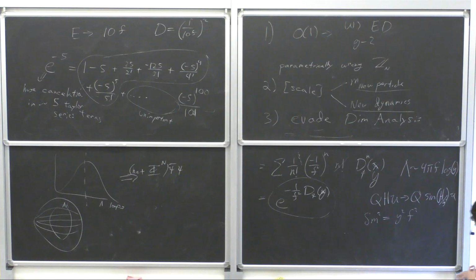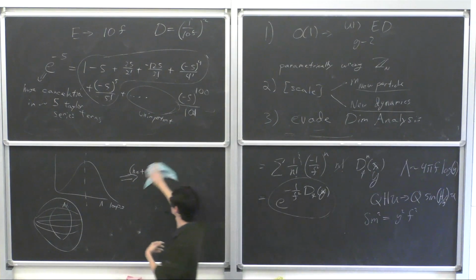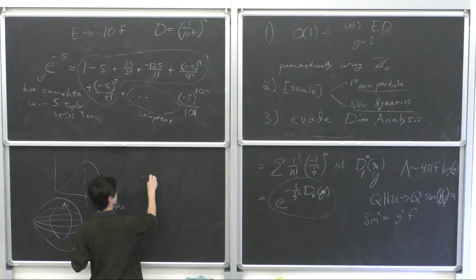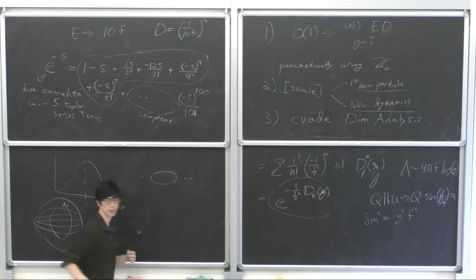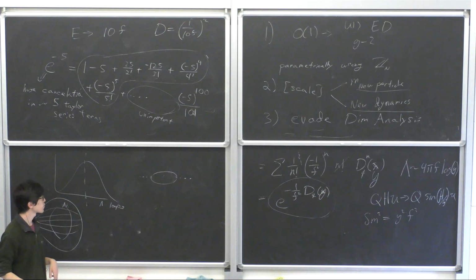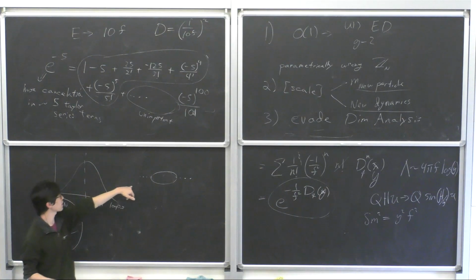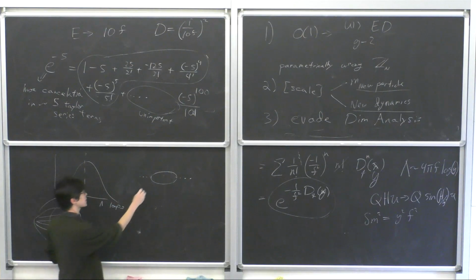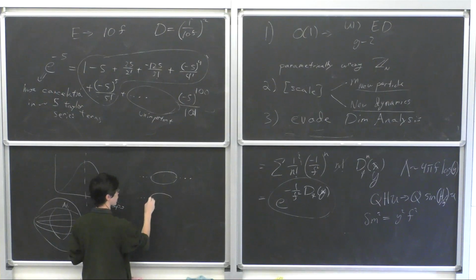And so what happened was we did dimensional analysis, assuming that this was the only diagram important in the story. And so if you do that, then you get the scale f. But the scale f is also exactly when this is not the most important diagram in the story.